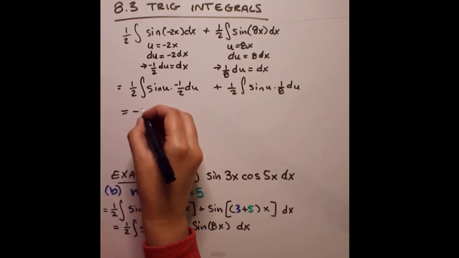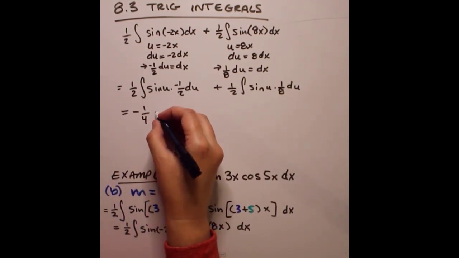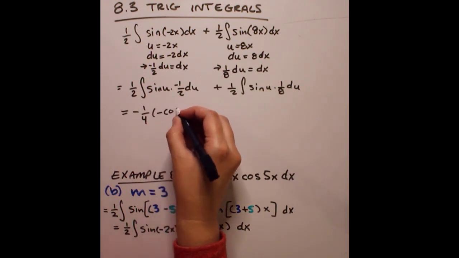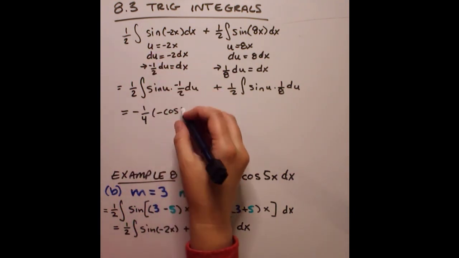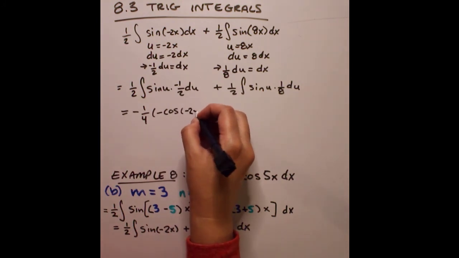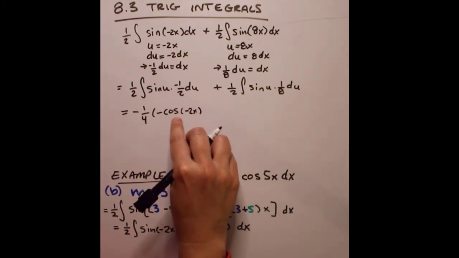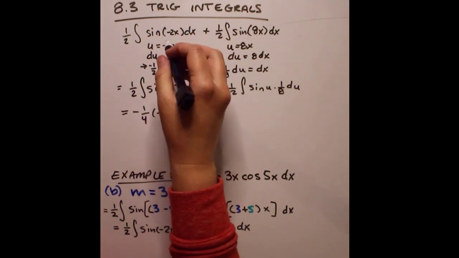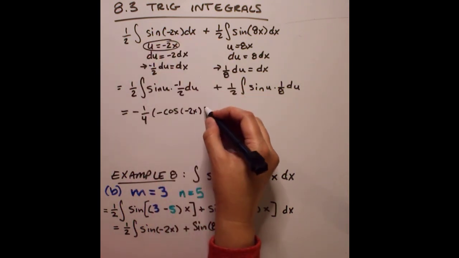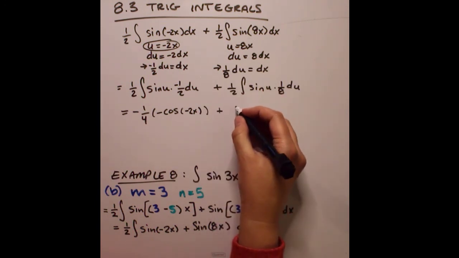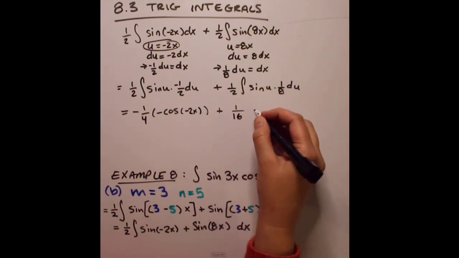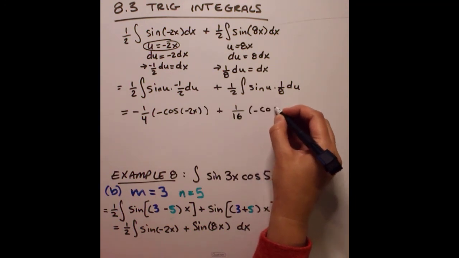And we get negative 1/4 integral of sine is negative cosine. Let's go ahead and sub in what u was again real quick. So it would have been negative cosine of u, but u was negative 2x. And then over here, plus, let's go ahead and take out the 1/8. That's 1/16 negative cosine.